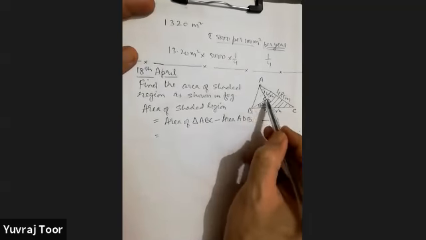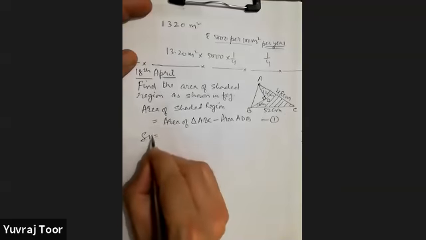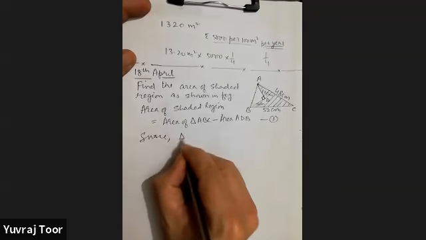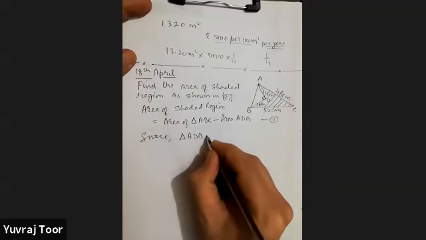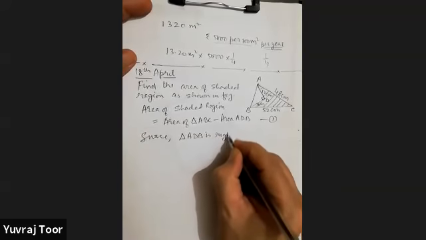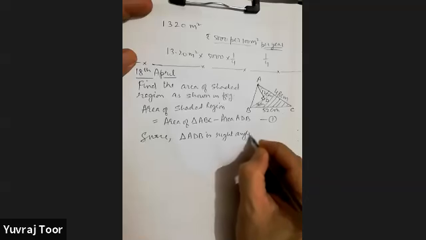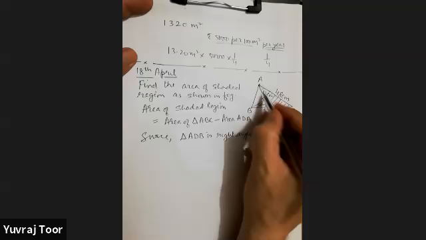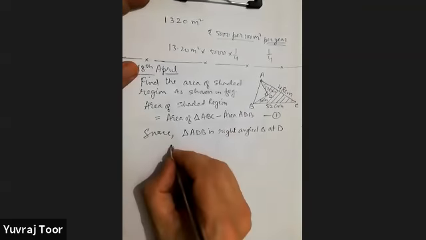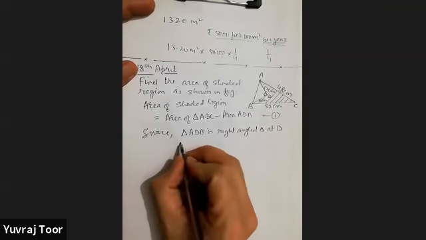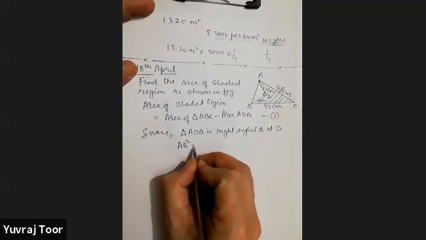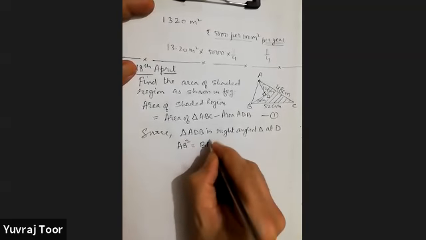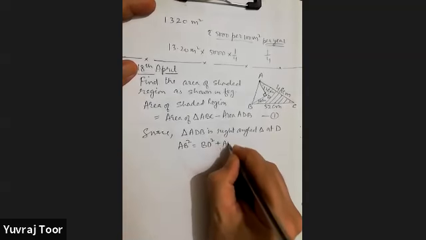So if you look into this ADC, you'll say since triangle ADB is right angled triangle at D, because this is a right angle triangle, we can apply Pythagoras, and what it says, AB square is equals to BD square plus AD square.